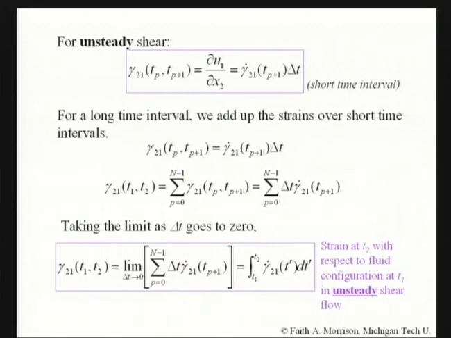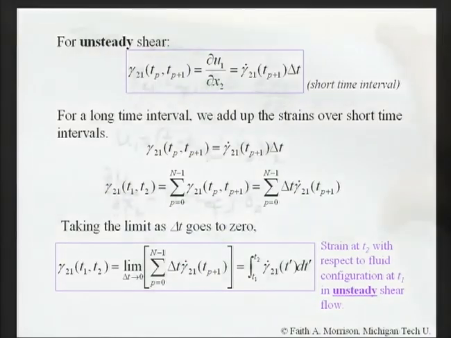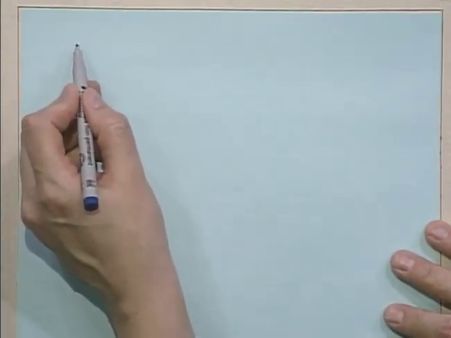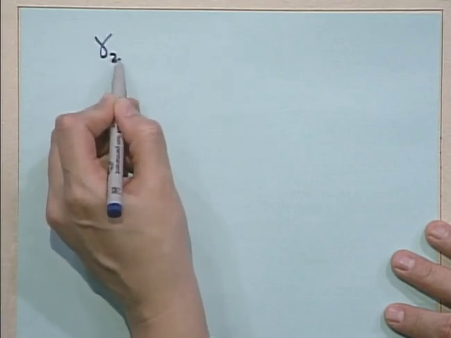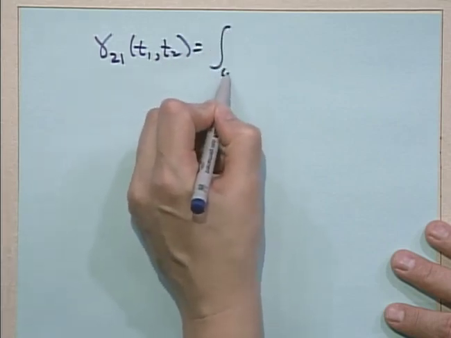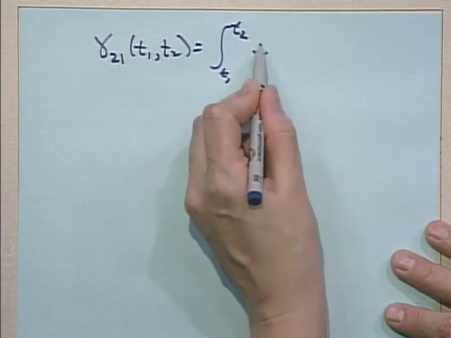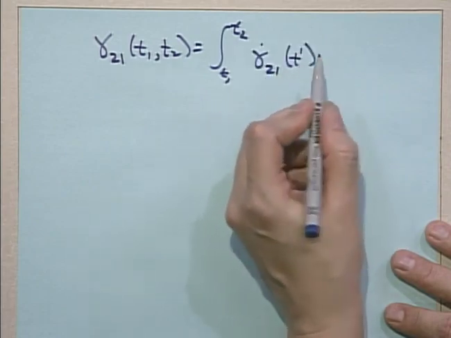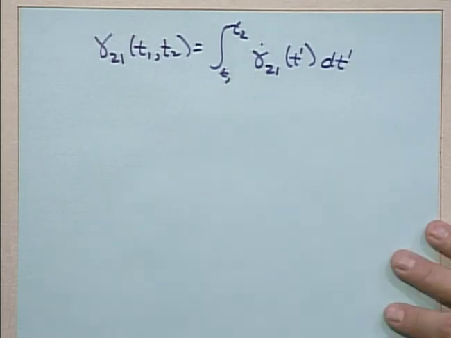That may take a little bit of time to digest for you. The take-home story, though, is this last equation, which is that the strain is the integral of the rate between two times. And that fits with the calculation we did before for steady shearing. So for instance, we can use this equation: gamma 2,1 between two times is equal to the integral from T1 to T2 of the shear rate between those times.